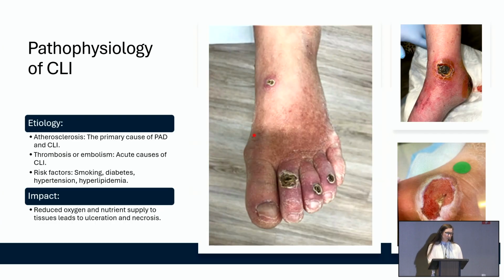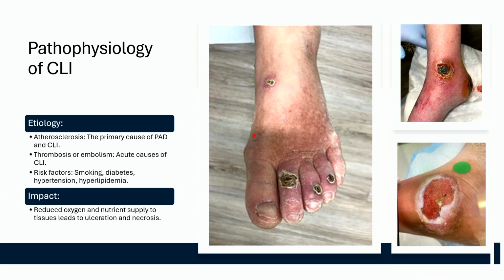So the pathophysiology of CLI, most of the time it's caused by atherosclerosis, and that's the primary cause of chronic limb ischemia. There's also thrombosis and embolism.